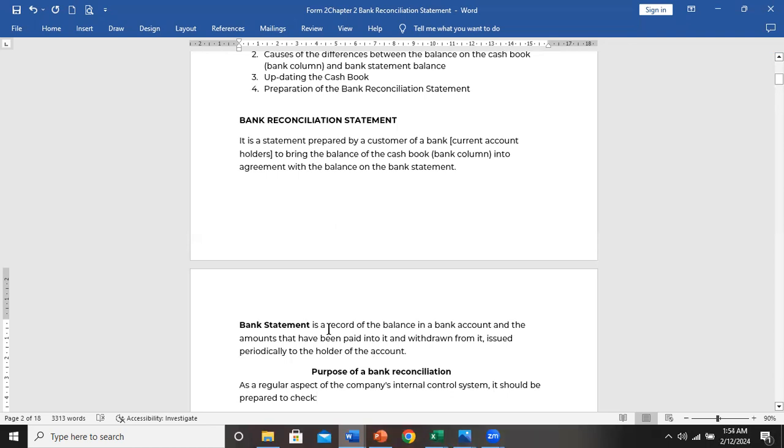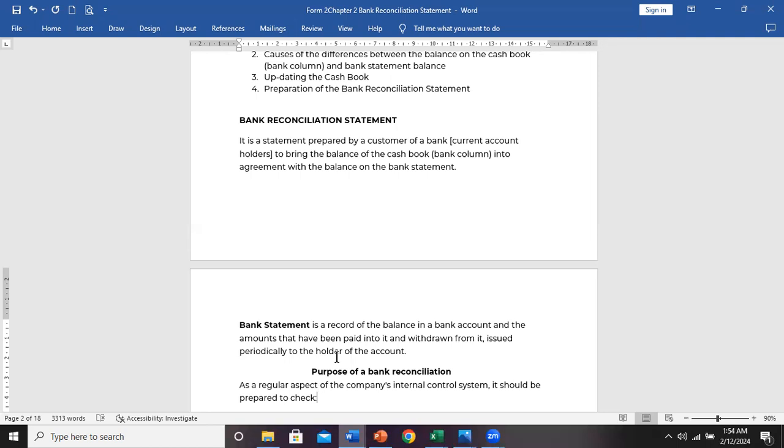It is a record of the bank in a bank account and the amounts that have been paid into it, the deposits, and withdrawn from it, the withdrawals. And it is issued periodically to the holder of the account. Most oftentimes it is within 1 month. Every 1 month you can go for your bank statement.